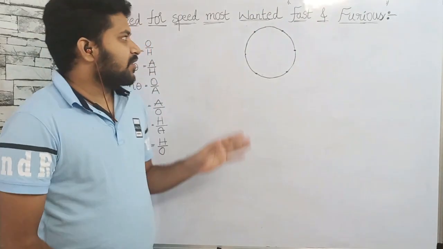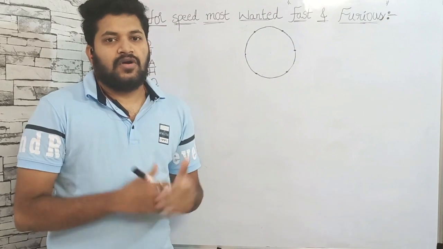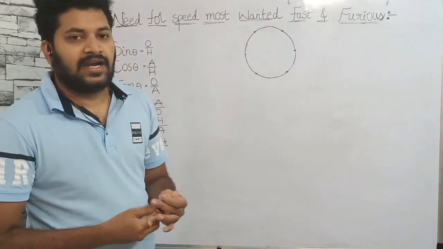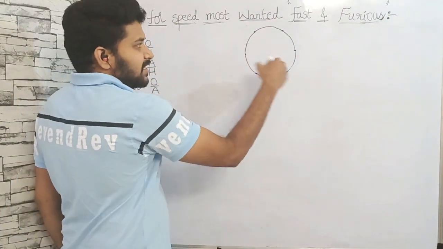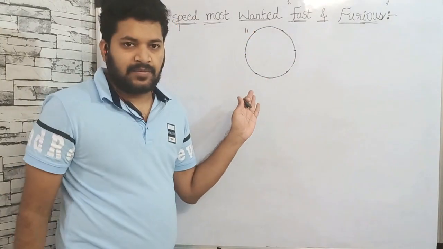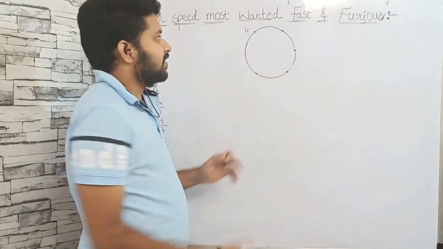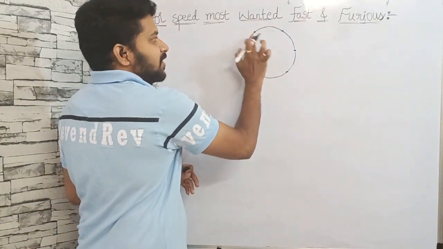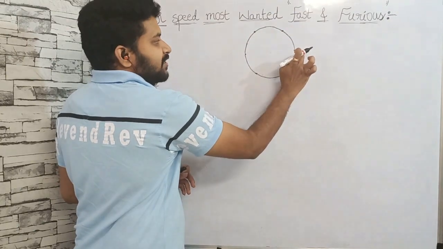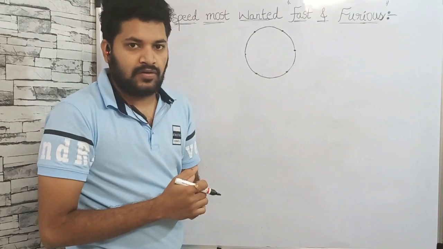To get this concept, you should just know about a clock where the numbers are. Let us assume it is a clock, and I have created one example for you to remember everything easily. Here it is 7 o'clock. Assume 1 o'clock, 3 o'clock, 9 o'clock, 7 o'clock, and 5 o'clock.